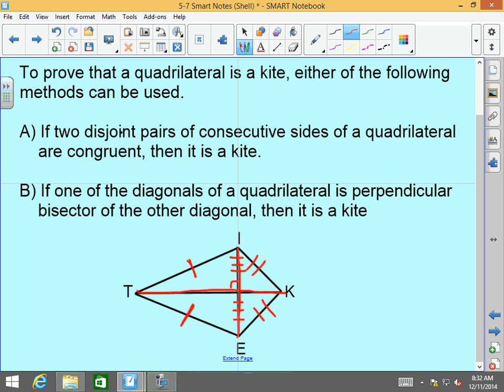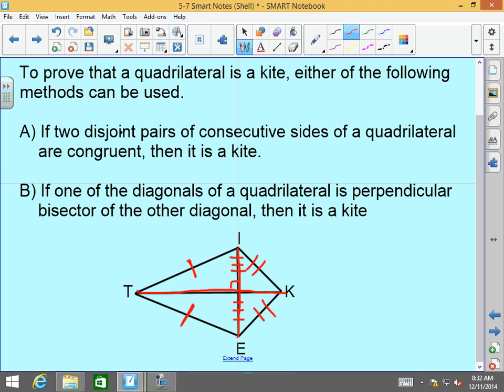So a kite is a quadrilateral in which one diagonal is the perpendicular bisector of the other diagonal, or two disjoint pairs of consecutive sides are congruent.